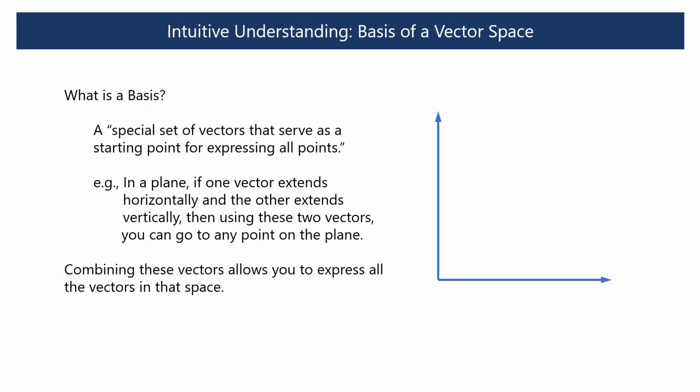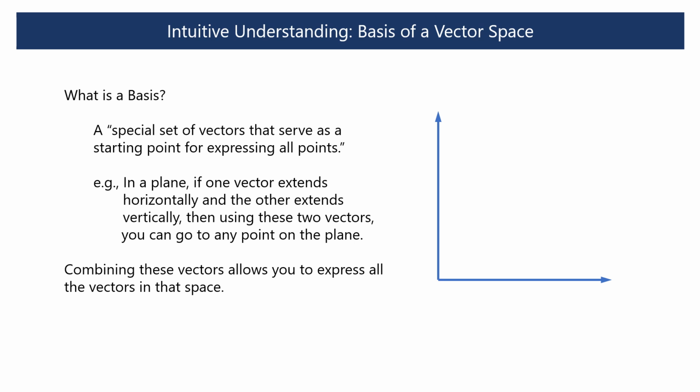It is not easy to understand the concept of basis of a vector space just by its definition. Let me give you another explanation. A basis is a special set of vectors that serve as a starting point for expressing all points.